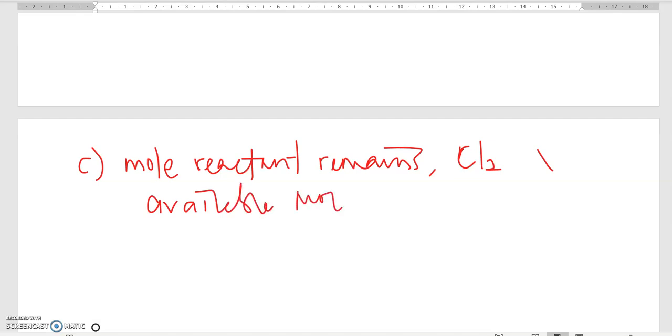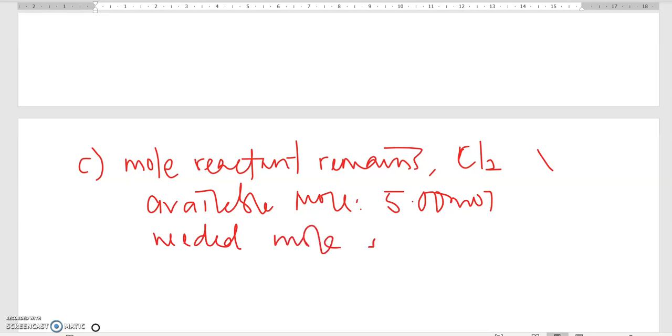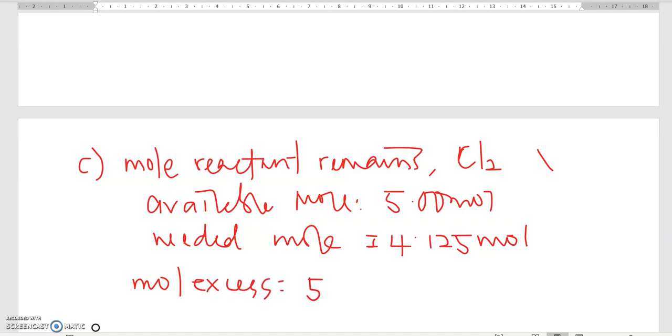So we have available mole is 5.0 mole, needed mole 4.125 mole. So we have the excess mole here. So mole excess, we find 5 minus 4.125.